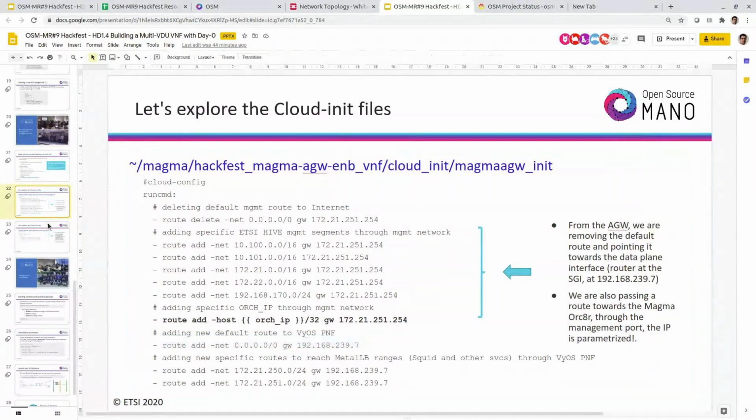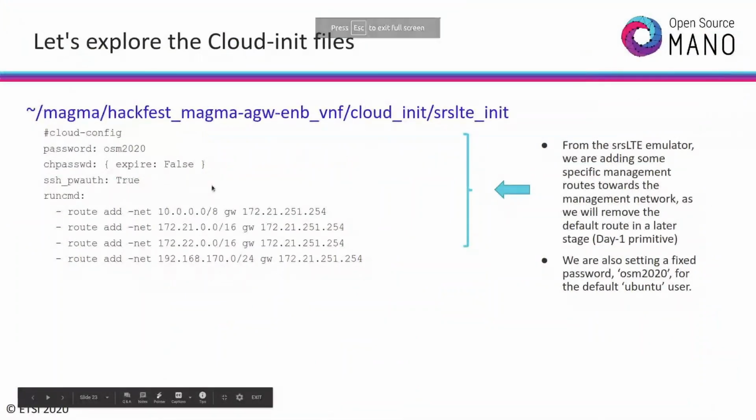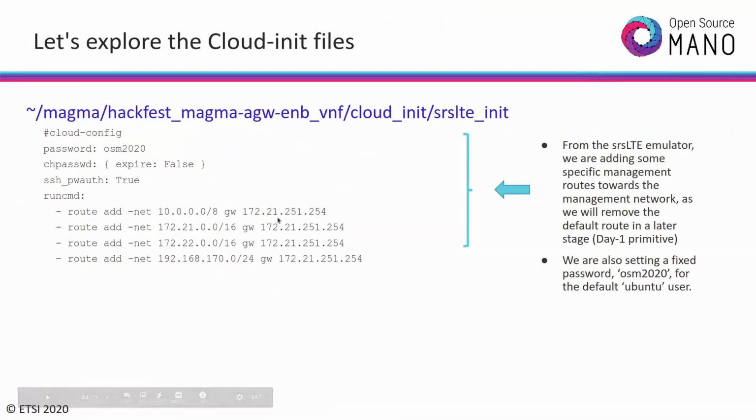And the other Cloud-init file of the other VDU is just adding some specific routes, because we will remove the default gateway as well. But we will do that later, because we need the default gateway, because this particular virtual machine will run a native charm. You will learn what a native charm is tomorrow.